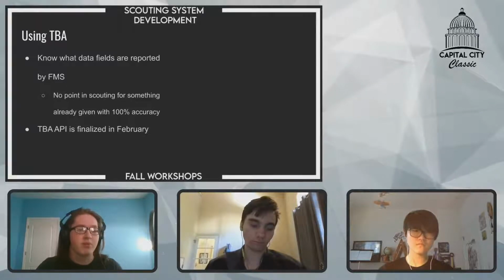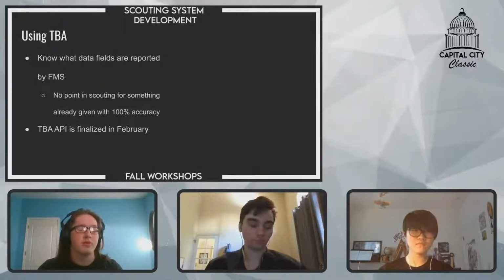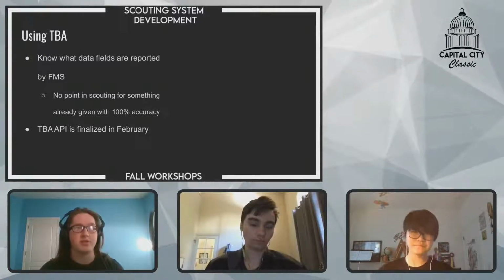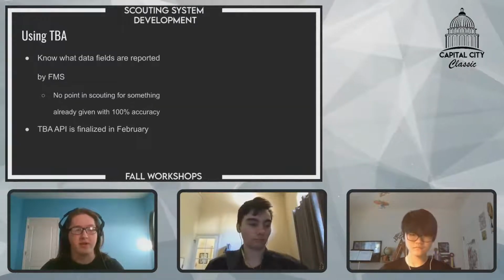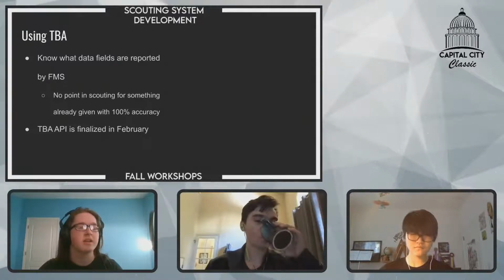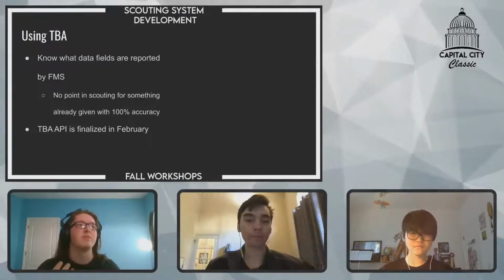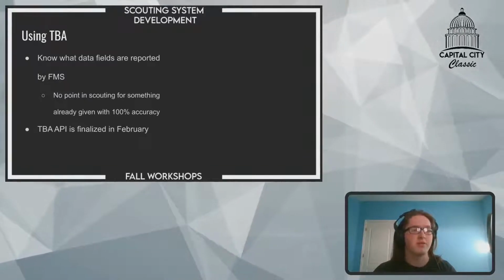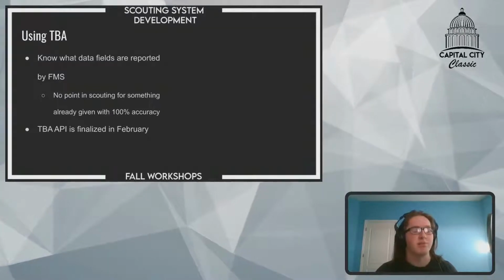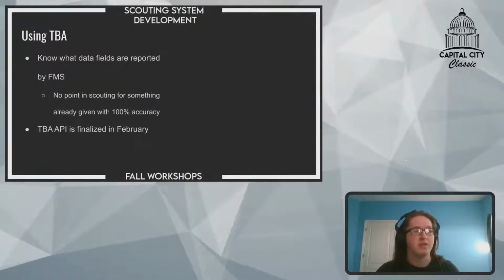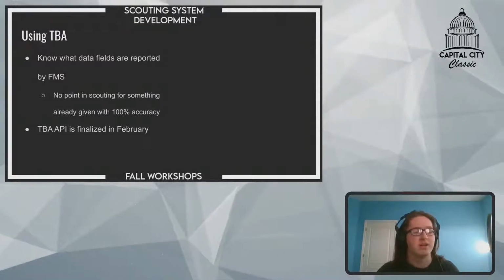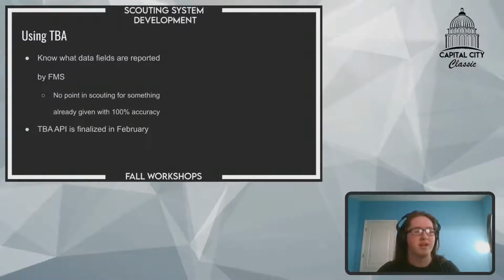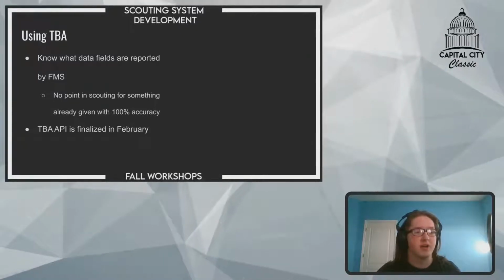So an important part of our scouting system that Kevin was just talking about is that we try to decrease the amount of data that our scouts are collecting, so that every piece of data they collect is more accurate. If you're having your scouts collect a bunch of data and there's no chance they can collect it all in one match, then it's just going to be bad data overall because it's going to be inaccurate.